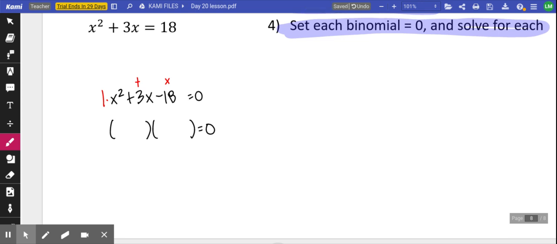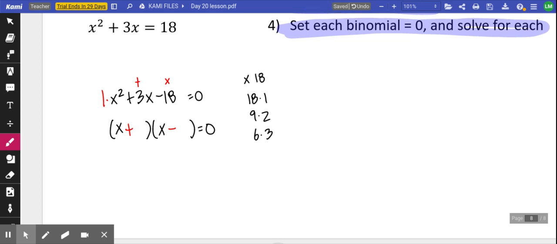So right away, if it multiplies to a negative, I know my signs are going to be plus and minus, and I'm going to start with an x and an x. My factors of 18, what two numbers multiply to 18? Well, 18 and 1, 9 and 2, 6 and 3, that's about it.